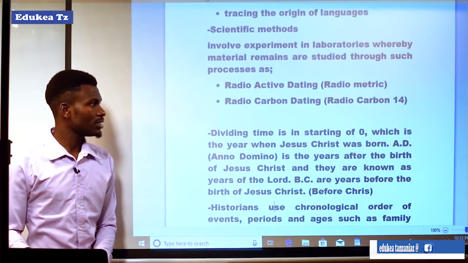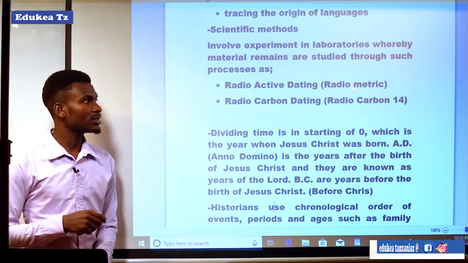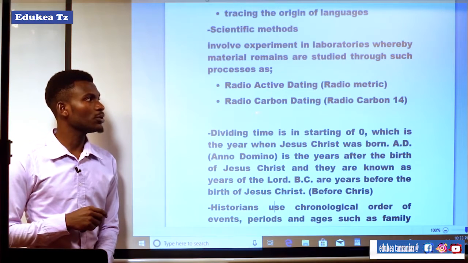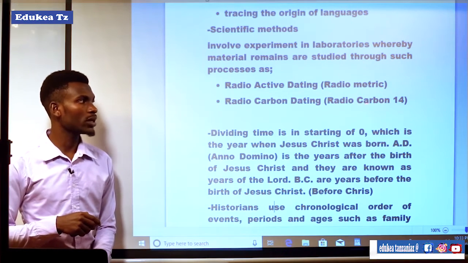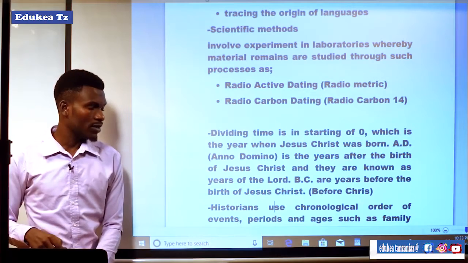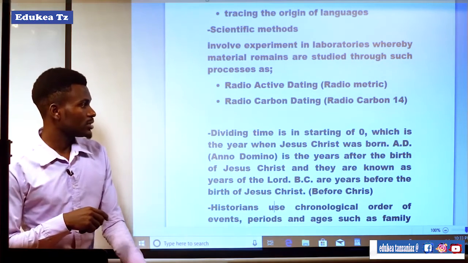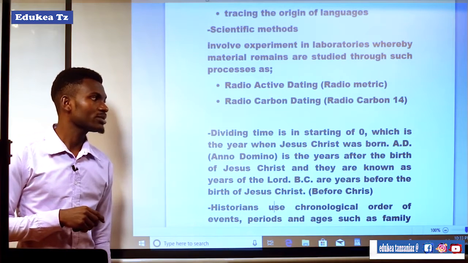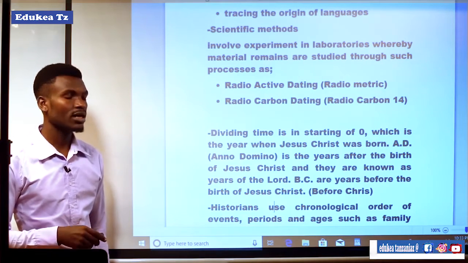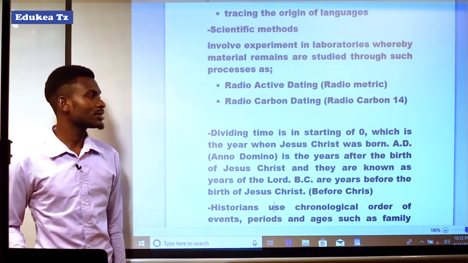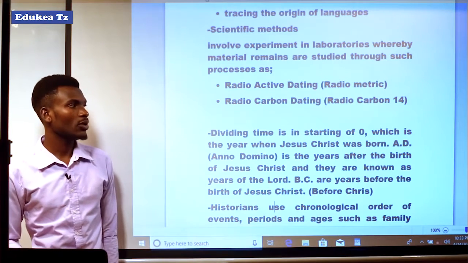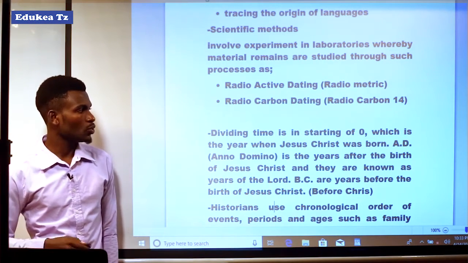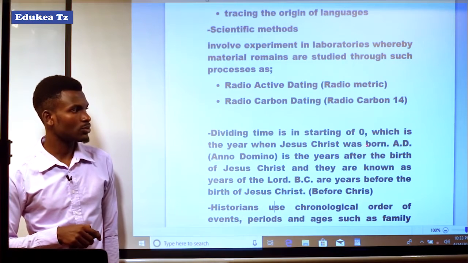So let us see radioactive dating or radiometric and radiocarbon dating or radiocarbon 14. Here, the dividing of time starts at year 0, which is the year when Jesus Christ was born.